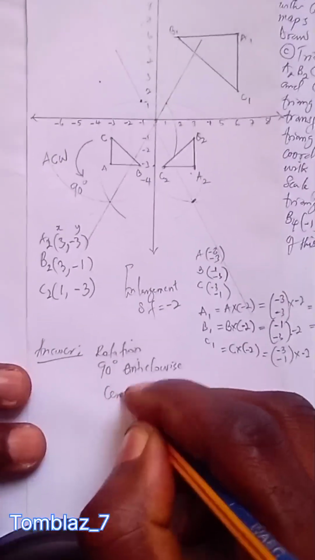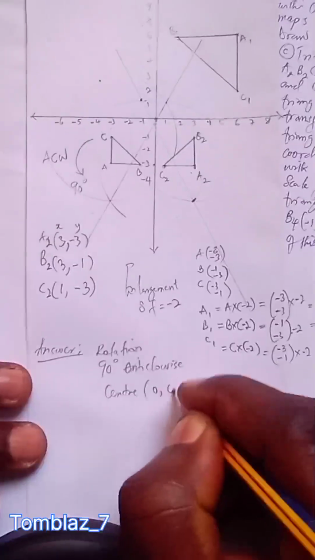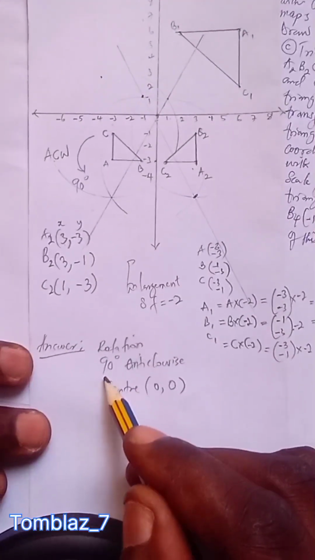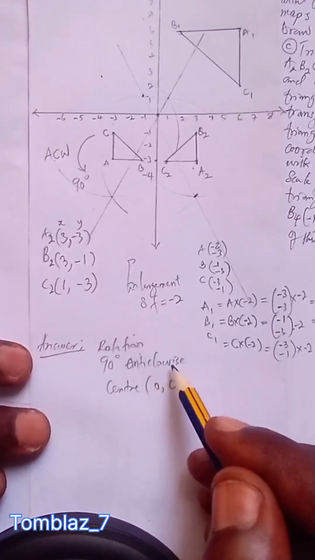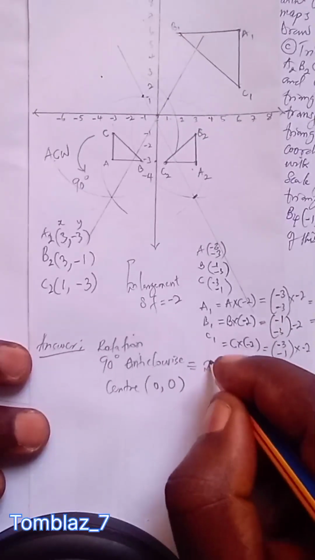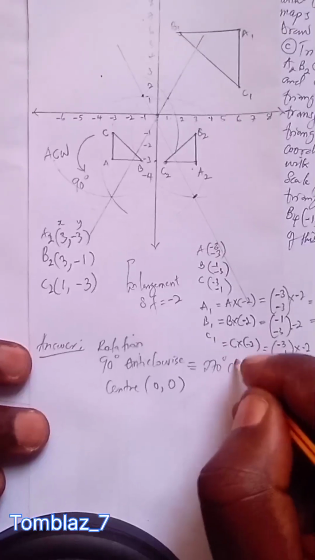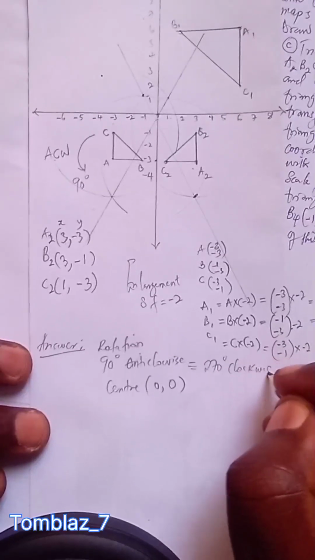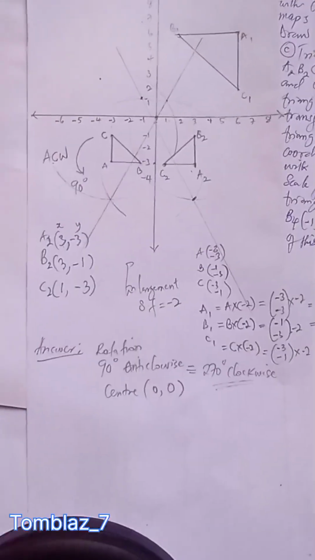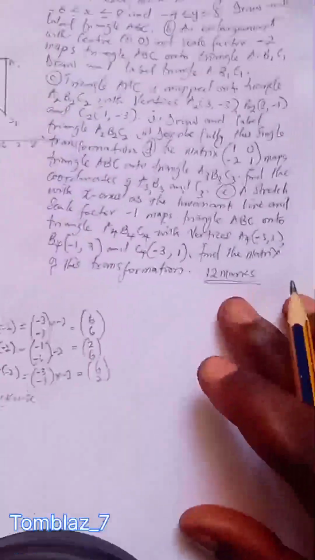Center of rotation 0, 0. Now, what we should note is that a 90 degrees anti-clockwise rotation is equivalent to a 270 degrees clockwise rotation. So if you use any of these, it's also correct, right? Center 0. All right, now let's go to the next question.